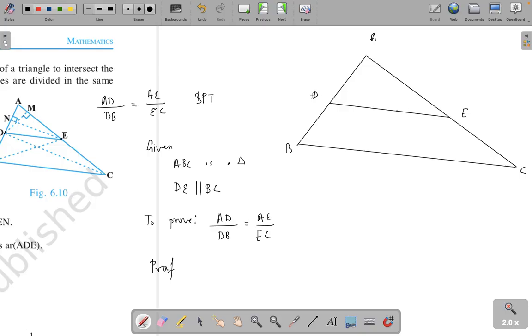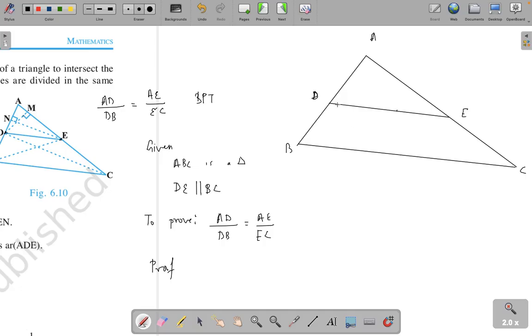Why am I saying this? Because you need to have this. This is the base of some triangle, right? This is again the base of some triangle, right? You can create a triangle like this. This will be the base of the triangle.